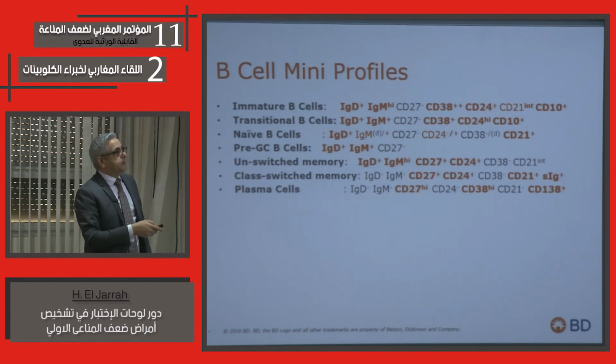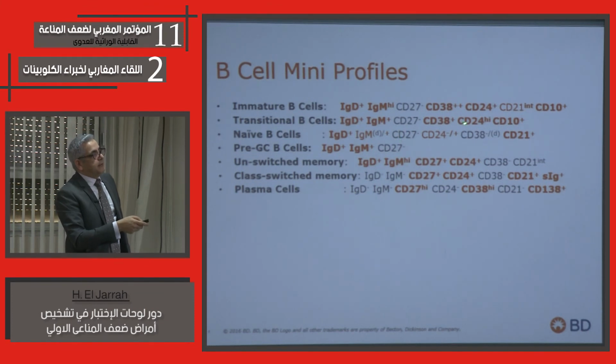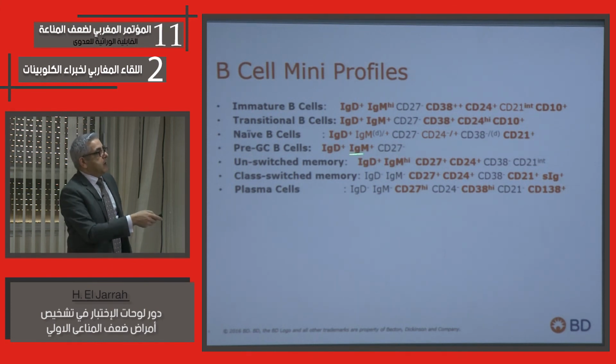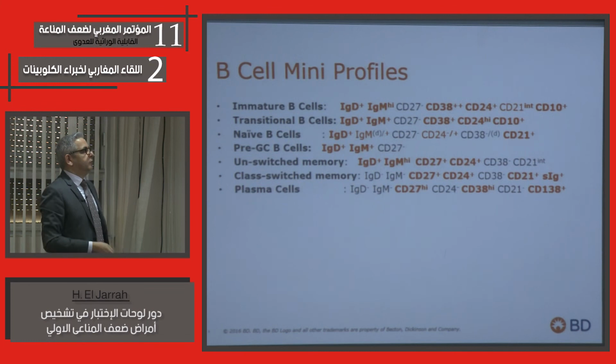CD24 is upregulated. Naive cells become dim on IgM. They're all still negative for 27, as you see, and they start losing CD38. 21 becomes positive. Unswitched, again, they are IgD, IgM positive, 27 positive. So again, here a kind of discriminator between populations and so on.